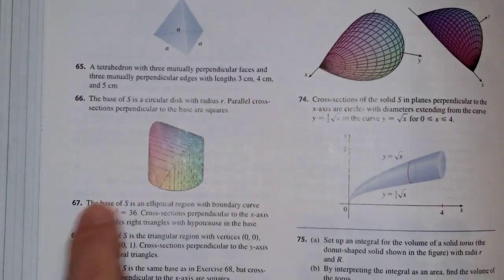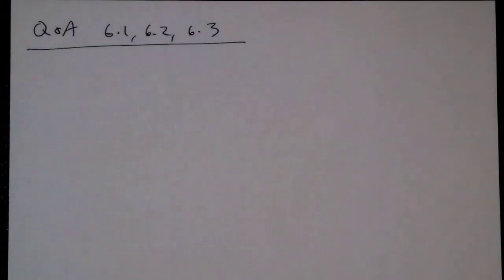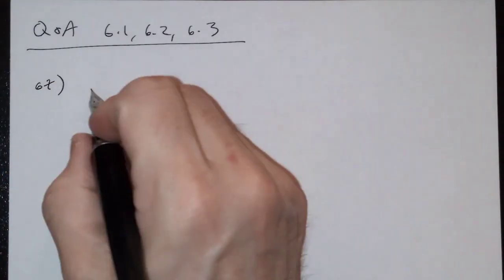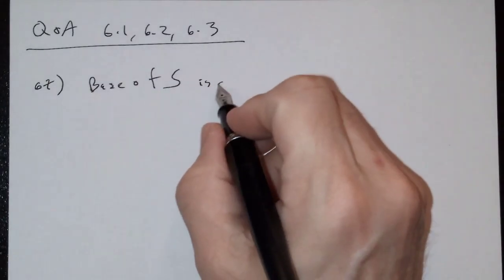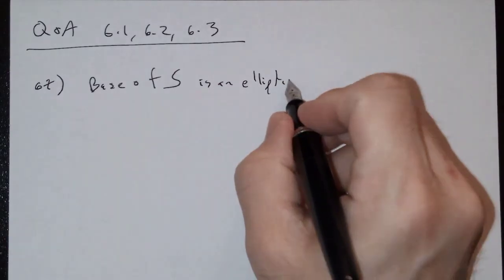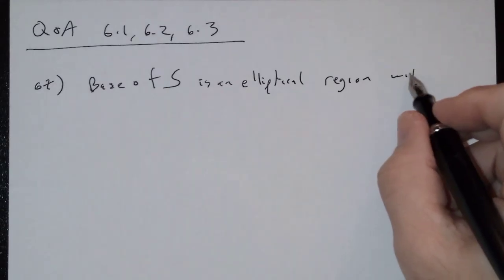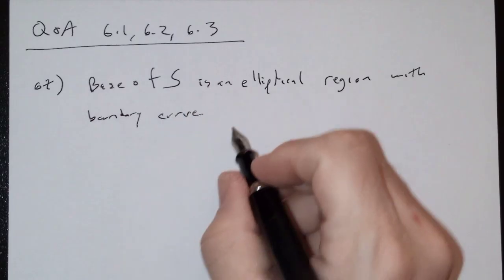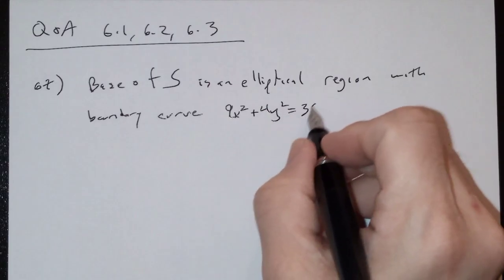I think 67 works fairly similarly. So 67, the base of my solid is an ellipse, 9x squared plus 4y squared equals 36.